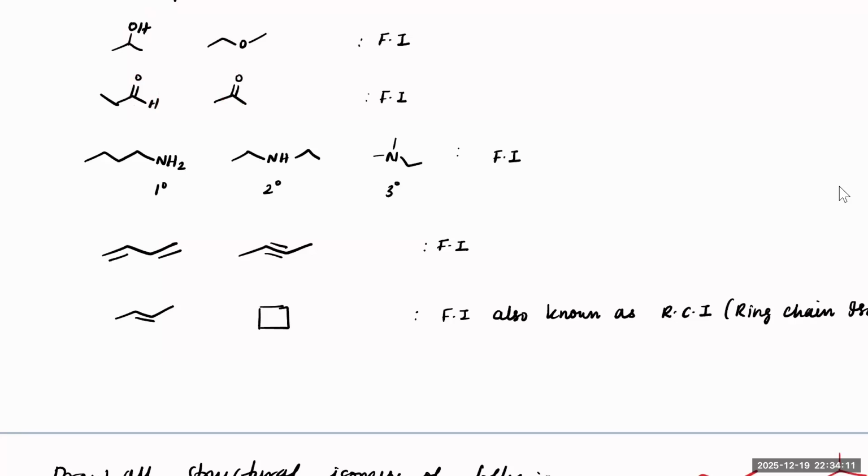Now, this is very interesting. Even if you have 1 degree, 2 degree, 3 degree amines, you might say, sir, all three are amines only, but they are different functional amines. 1 degree has a completely different nature of functionality than 2 degree, 3 degree. So even in the case of amines, 1, 2, 3 degrees are functional isomers.